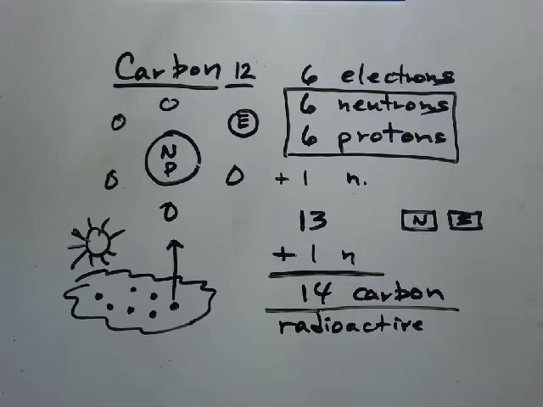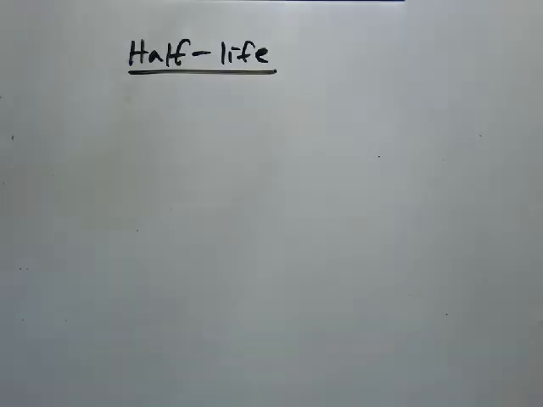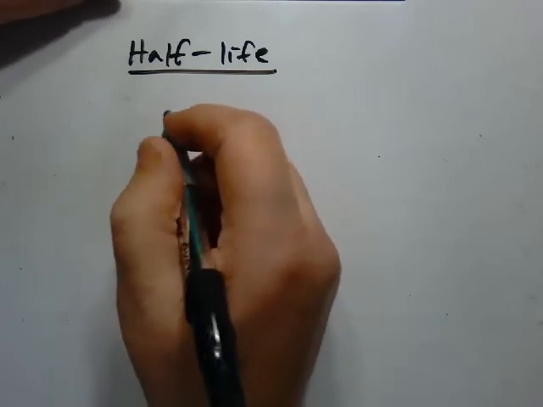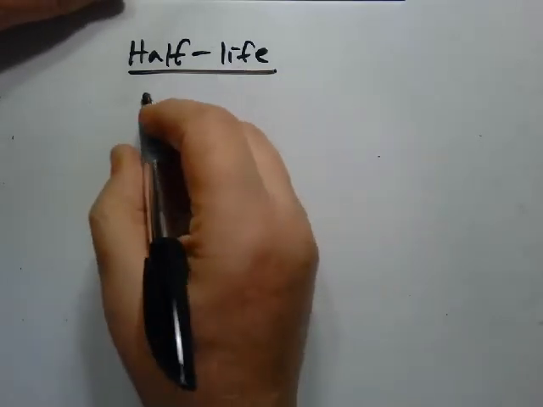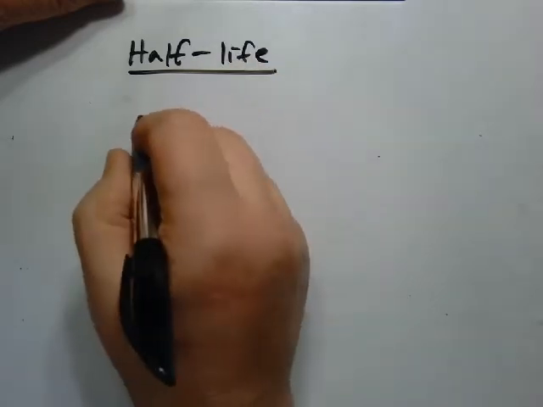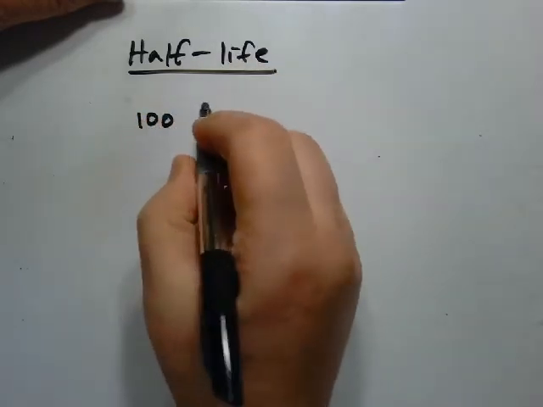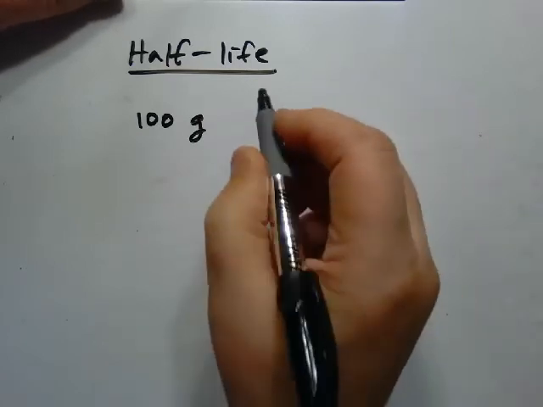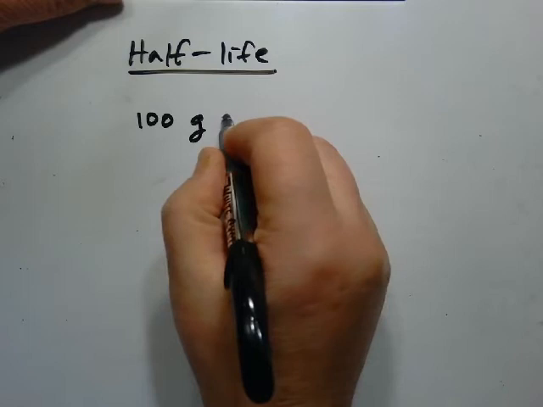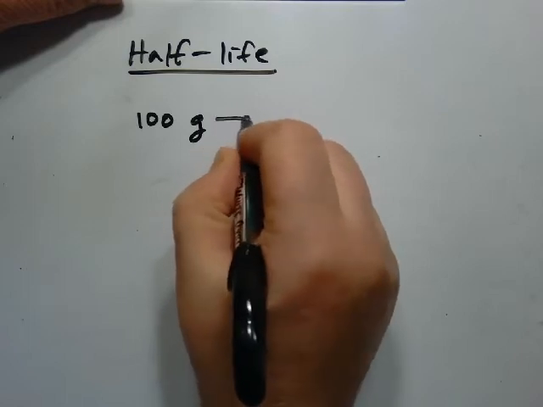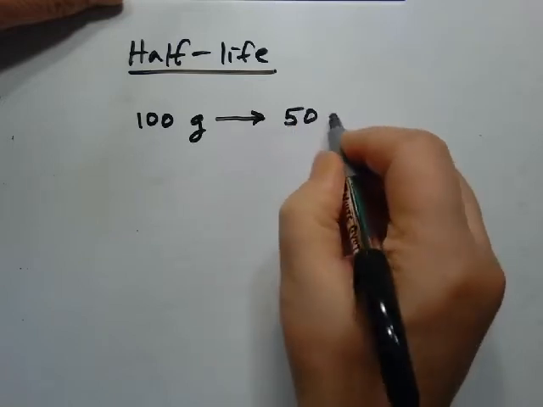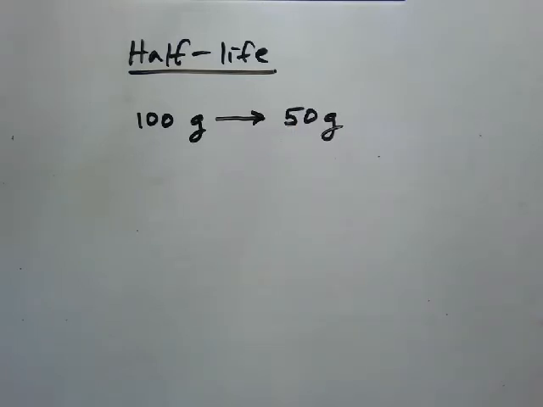Let's take a look at half-life. Half-life is a terminology that we use to make calculations. Let's say that an element, an object, has 100 grams of carbon or whatever, and then as that carbon-14 is flying off, in a certain period of time, it will get down to 50 grams of that carbon-14 in the particular element.